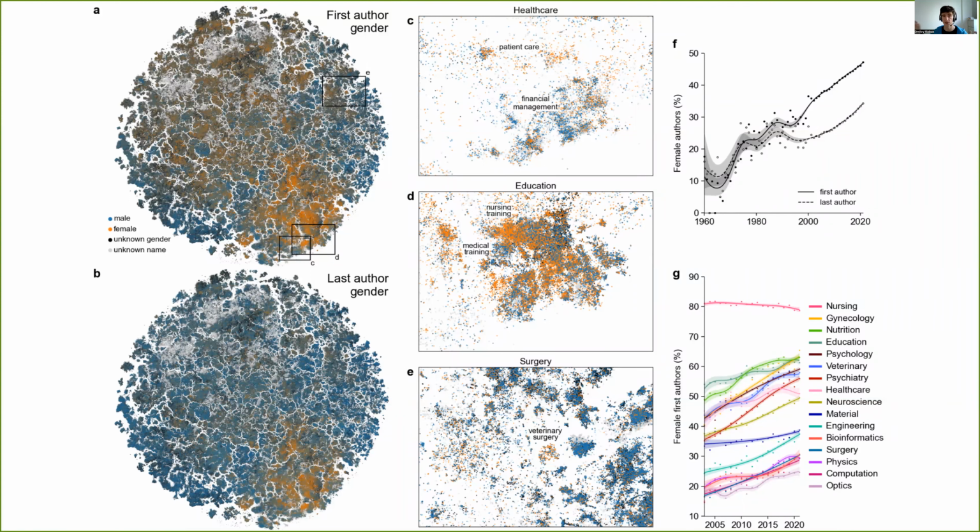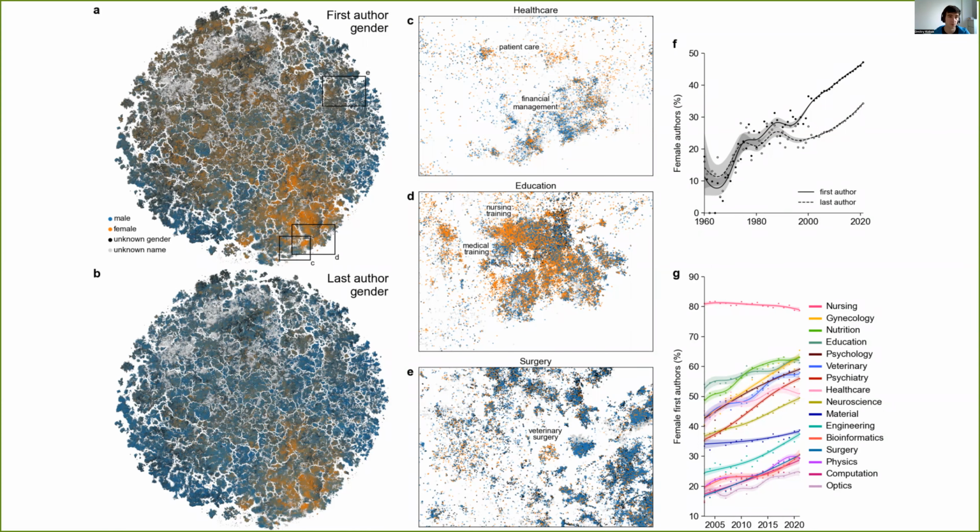And we could do the same with the last author, right? For some papers, especially older papers, we don't have the first names, we just have initial and the last name. There we can't infer the gender. But for most papers we actually can.